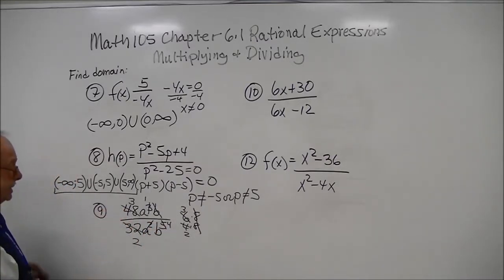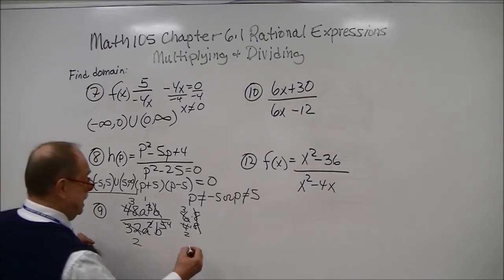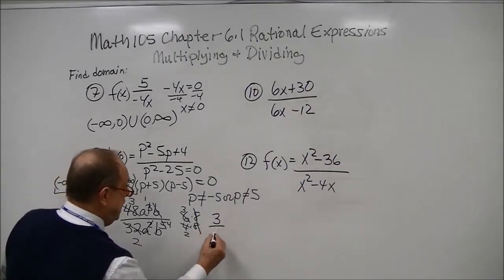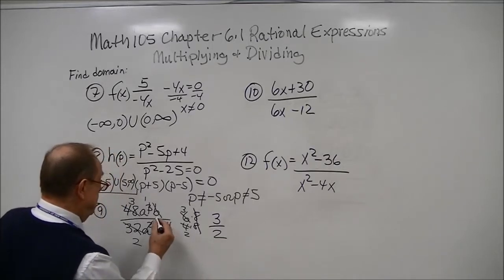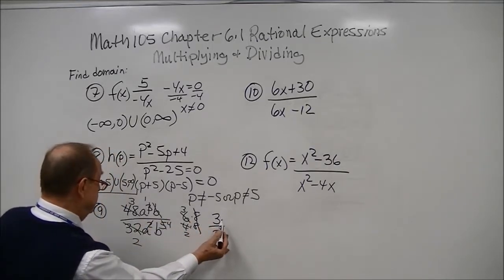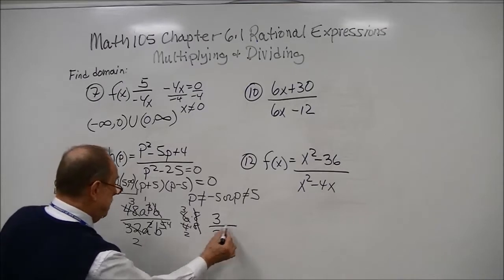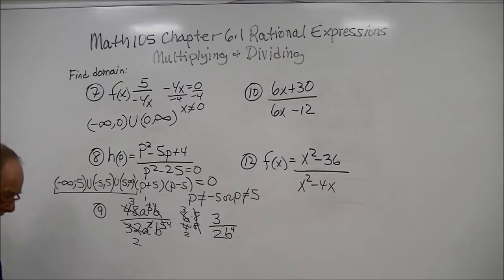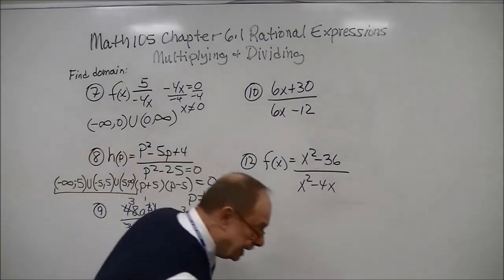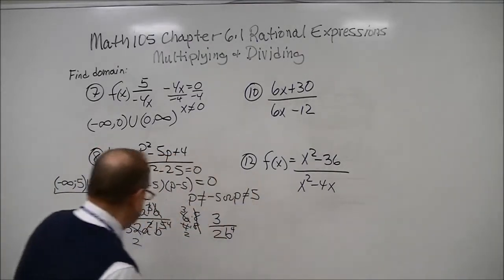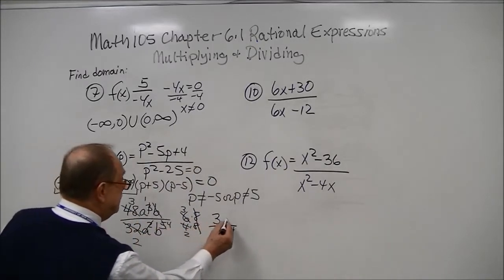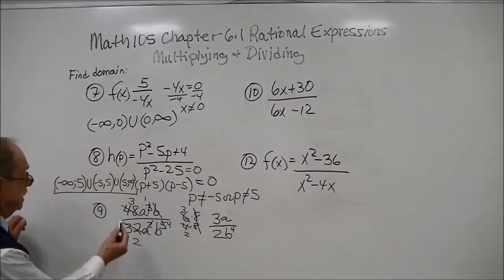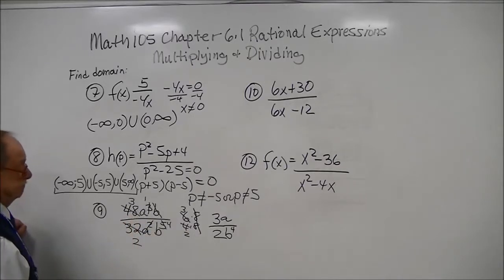So it looks a little bit messy, but our final answer is going to be 3 halves. And then in our numerator, there's only going to be a 3, while in our denominator, we're going to have b to the 4th. And let me just check that. Oh, there was an a left up here too, so yeah, there's my 1 from the a. Okay. Hopefully as you do it, you're going to have a little more room.